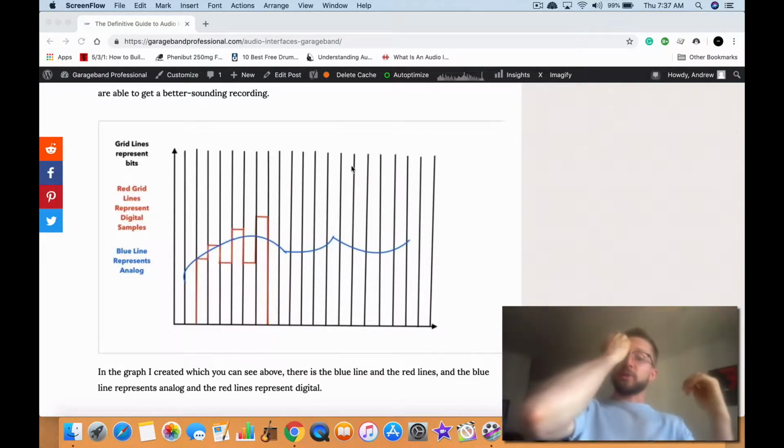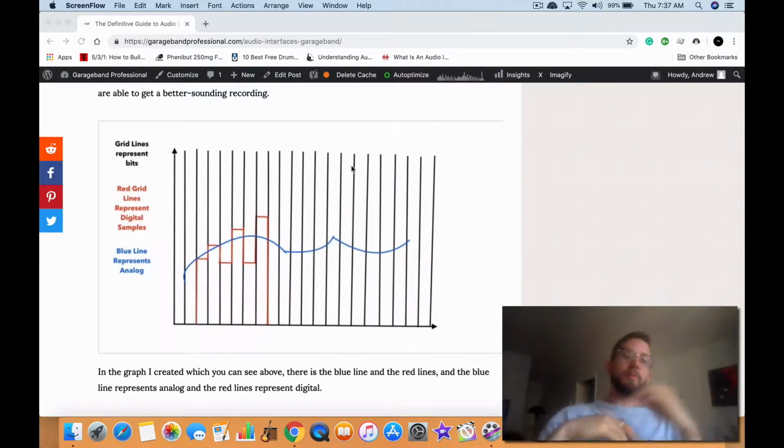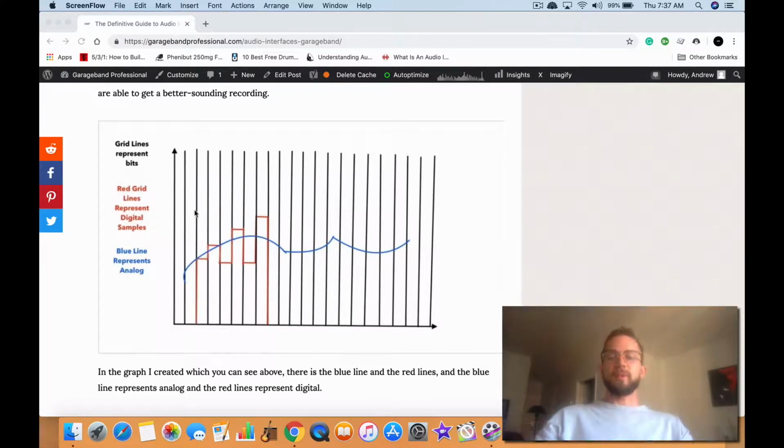So using this graph to illustrate the concept, if you have more bits and you have more information recorded within each sample, it's going to be less choppy. The squares are going to be divided up even smaller.